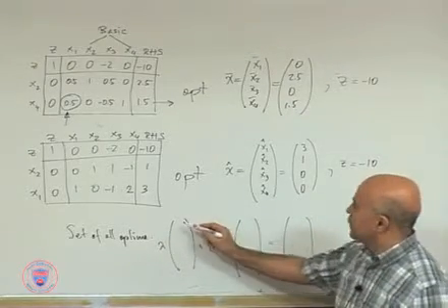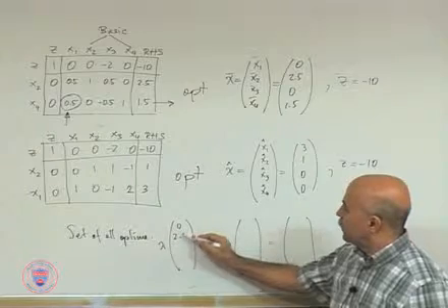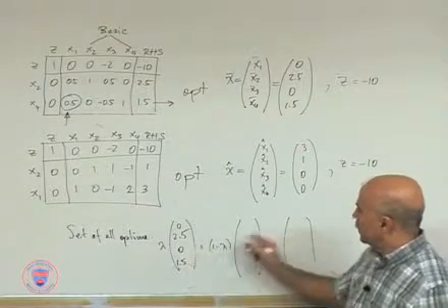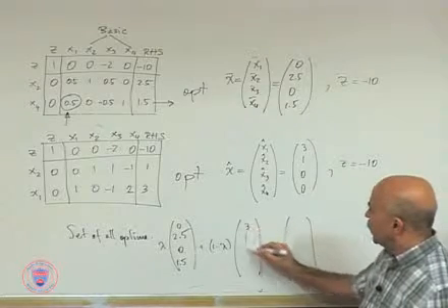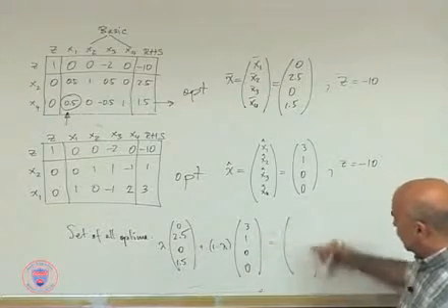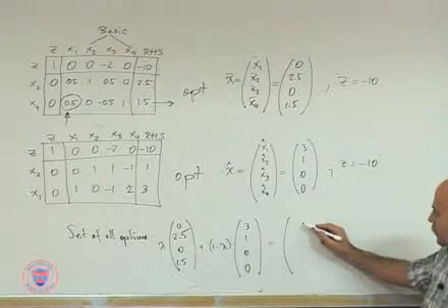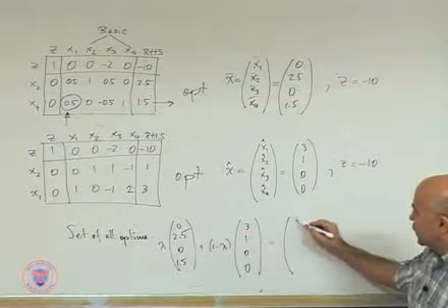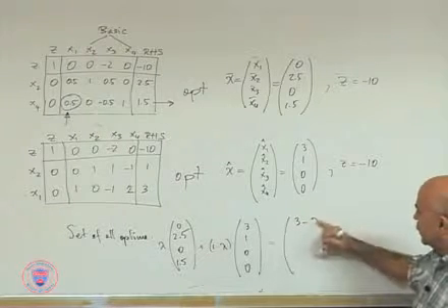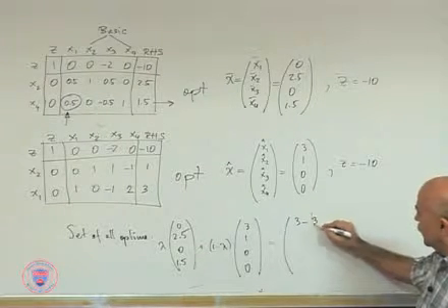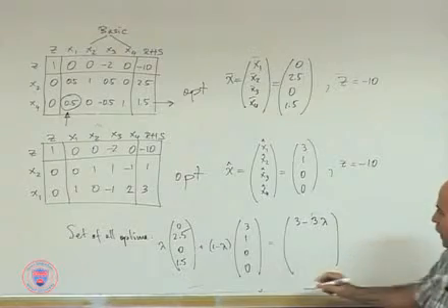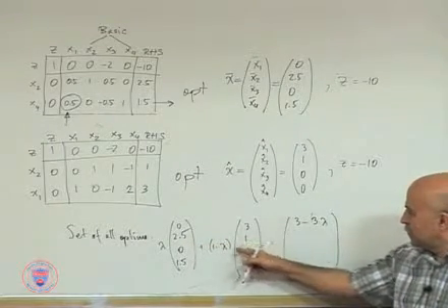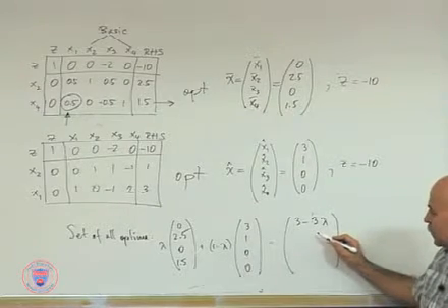So the first one is 0, 2.5, 0, 1.5. This one is 3, 1, 0, 0. And so you got 0, 3 minus lambda here, 3 minus 3 lambda. You've got 2.5 lambda minus lambda, that's 1.5 lambda.